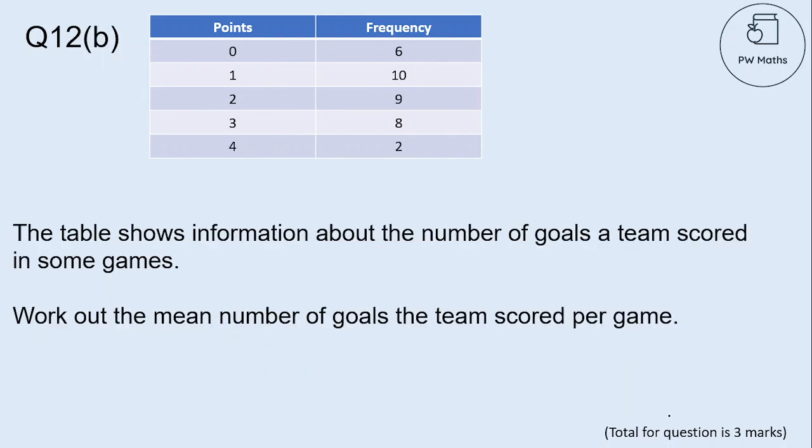Okay, moving on then to another question about frequency tables. The table shows information about the number of goals a team scored in some games. And this time we want to work out the mean number of goals the team scored per game. So we are going to have to add another column onto our frequency table. But this time, instead of cumulative frequency, we're going to add our f times x column.